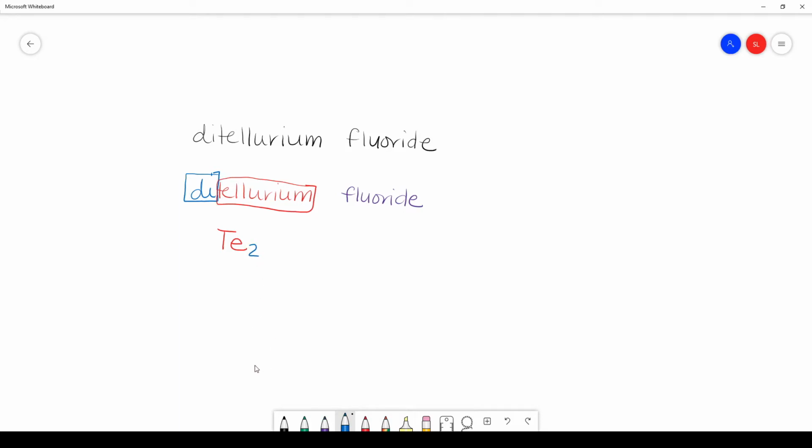That gives us a subscript of 2. Our element 2, root plus ide, is fluoride, corresponding to fluorine. So that has the symbol F, and we don't have a prefix 2, so we don't have a subscript 2. So we just leave it like this as Te2F.